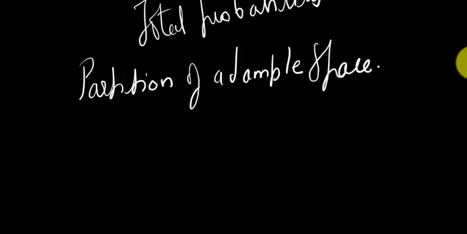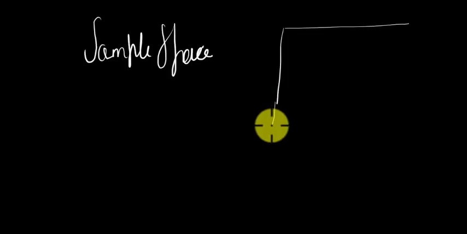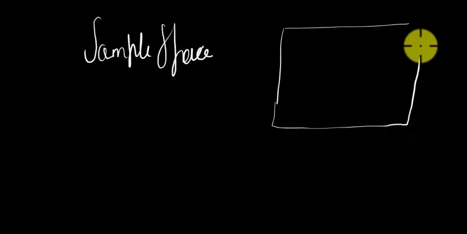So what is it? Let's take a sample space. It could be a sample space for any event. If I can represent that particular sample space using a Venn diagram, it's going to be the entire sample space, like the universal set. Now in this, I'm going to make sub events.